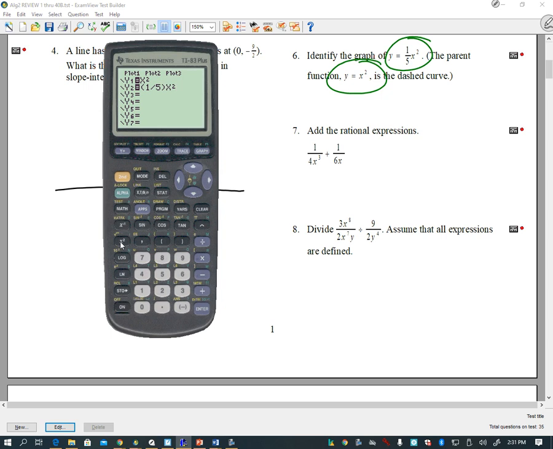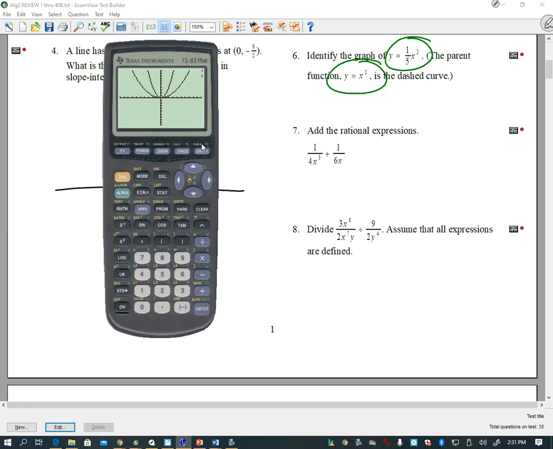And by a, I mean the coefficient of x squared is positive. And I can tell you that it's going to be wider than the parent function because it's a fraction. If it's a fraction less than 1, it's going to be wider. In fact, the smaller the fraction, the wider the graph is going to get. So it's going to be wider than the parent function. Okay, so let's take a look and see what that graph looks like.